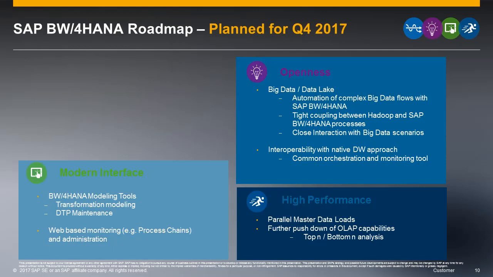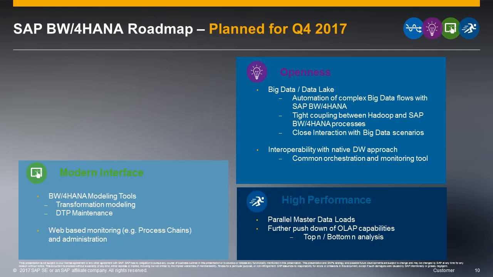this is something that I think is kind of interesting. Hadoop is, all customers are talking about it, whether they have projects in play or whether they're thinking about a project. It's being discussed by virtually all customers. And one of the developments in Q4 is going to be the ability for a data flow in BW for HANA to be dependent upon a process in Hadoop successfully completing.